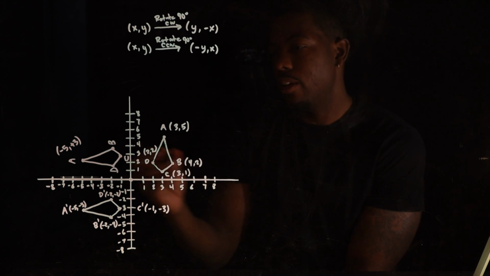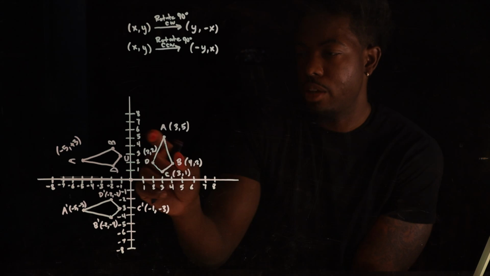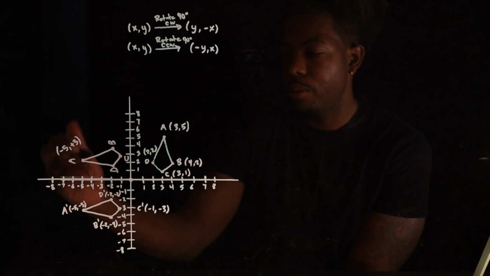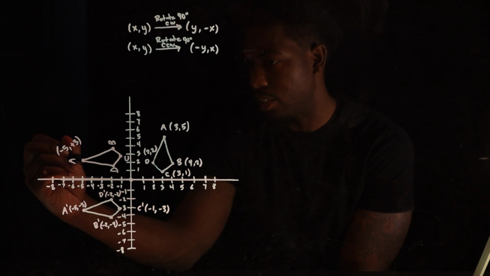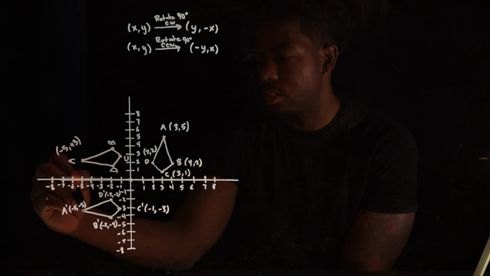And if I do that, my shape ABCD, my original shape, will be now placed directly on top of A prime, B prime, C prime, D prime. Let's go ahead and count that out. I translate point A down 1, 2, 3, 4, 5, 6.